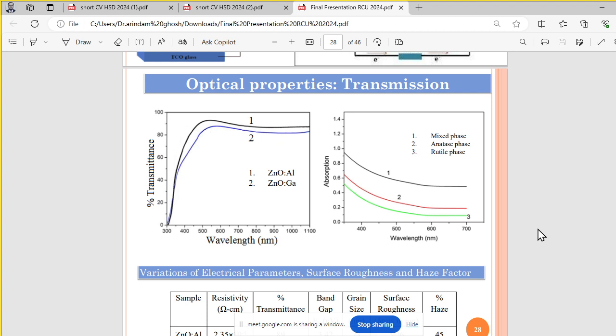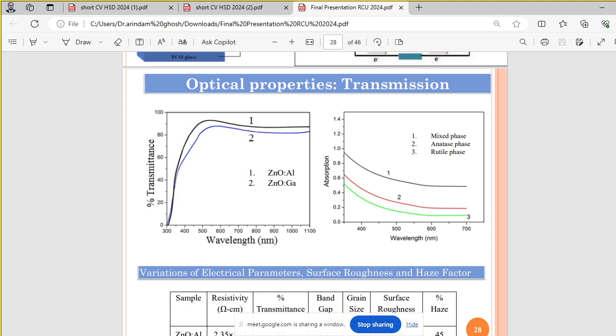Next slide, we can see the XRD of these three phases. The anatase phase exhibits strong diffraction peaks at 25 degrees and 48 degrees, and rutile at 27 degrees, 36 degrees and 55 degrees.